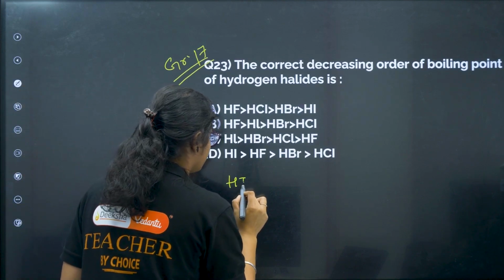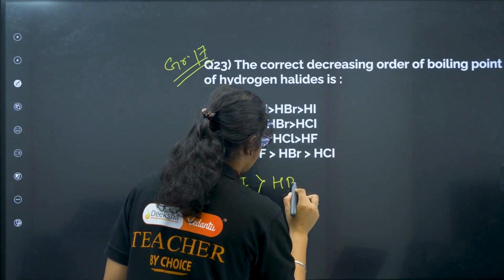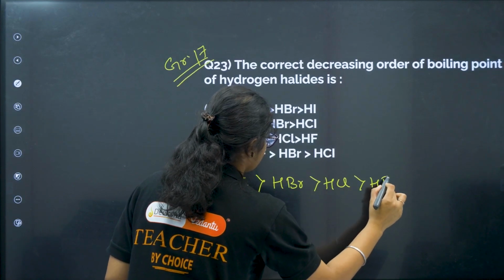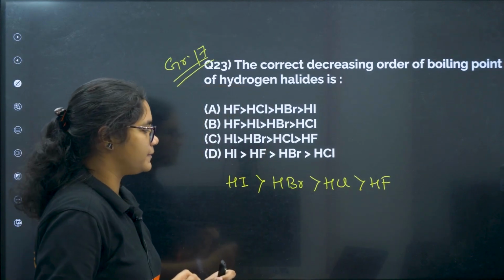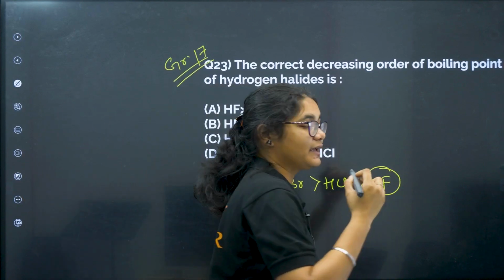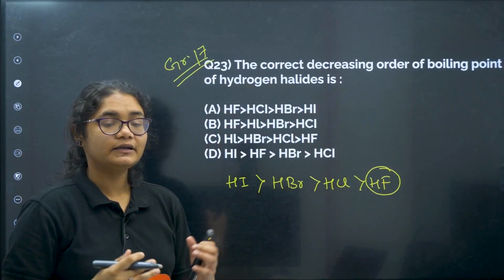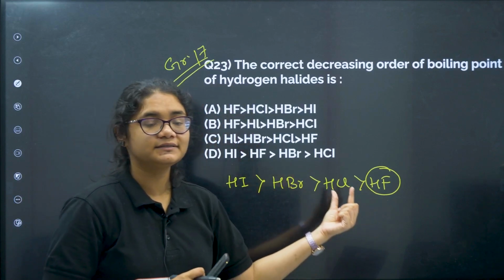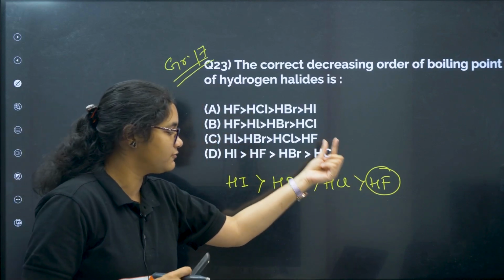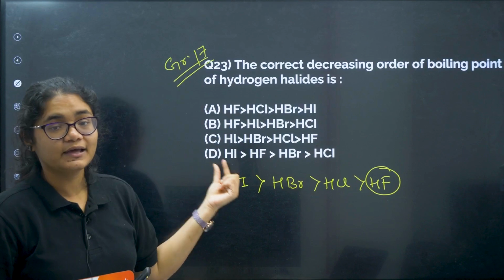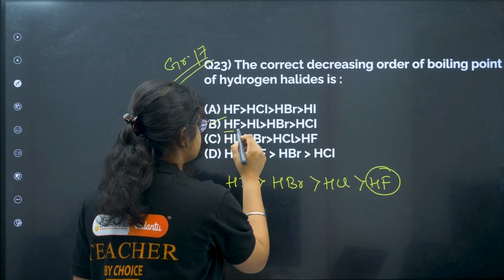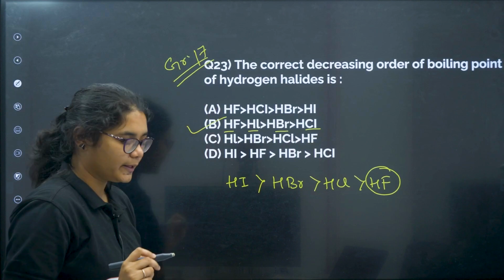Hydrogen iodide, then hydrogen bromide, then hydrogen chloride, then hydrogen fluoride. But in hydrogen fluoride we can find intermolecular hydrogen bonding. Due to this hydrogen bonding, the boiling point of HF increases even more than HI. This was an exception. So what is the correct order here? HF, HI, HBr, HCl.